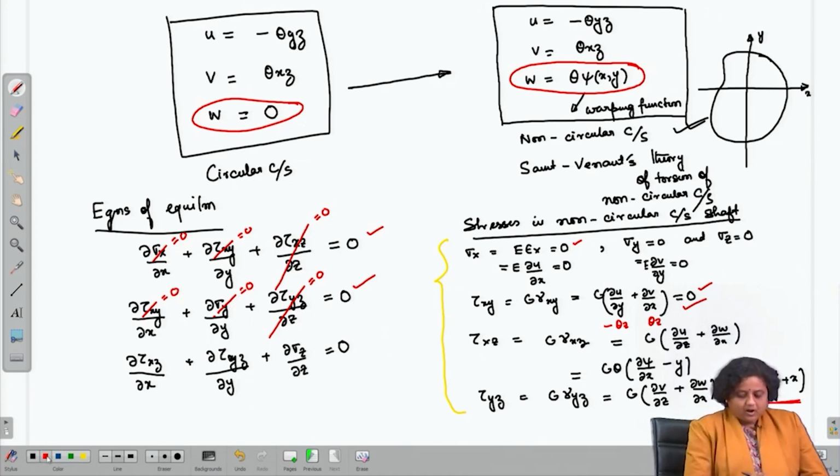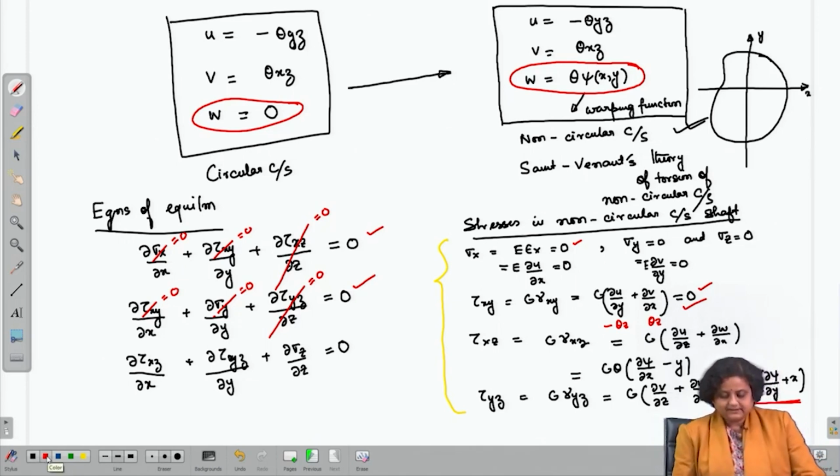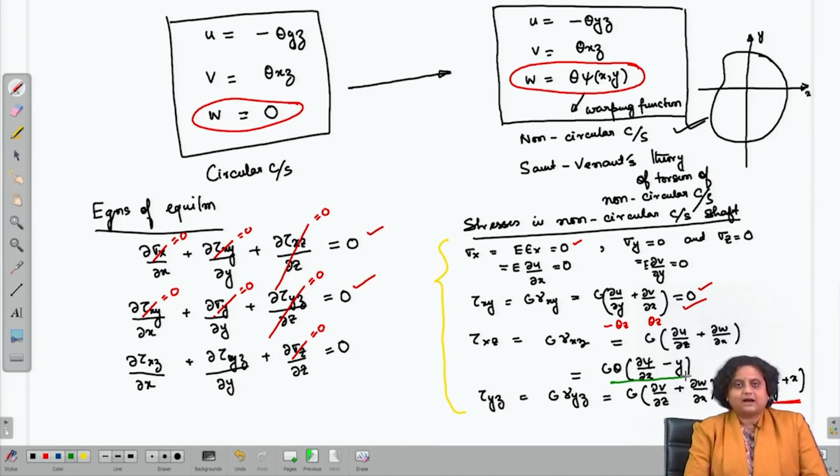Okay, so now out of this we can see that sigma z is equal to 0. So, this part is gone. Now, what is tau xz? Tau xz is this, and this can be a function of x. So, let me write down what is del tau xz by del x.